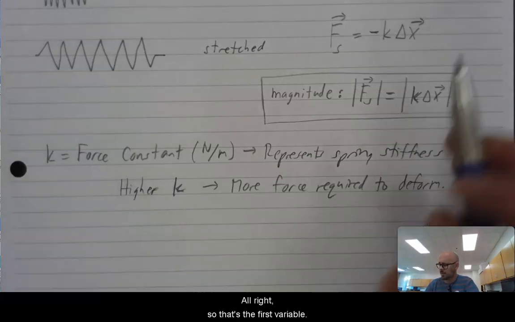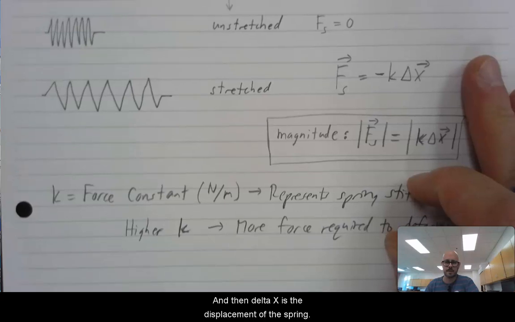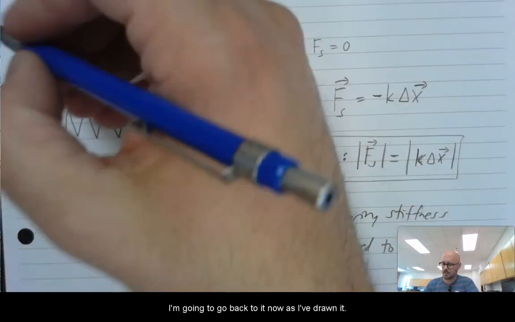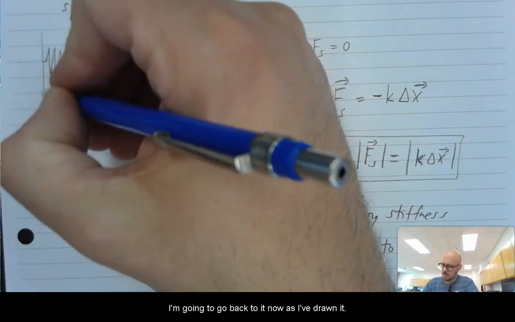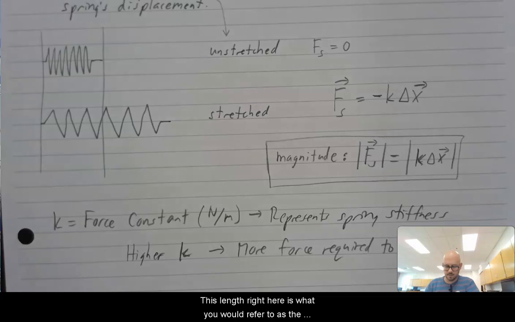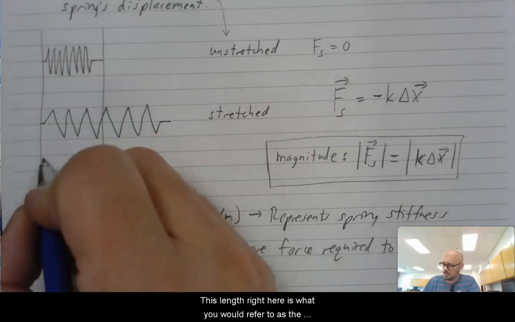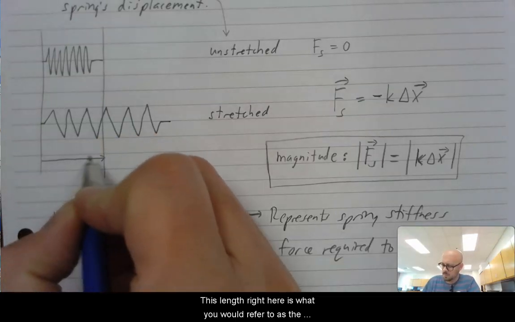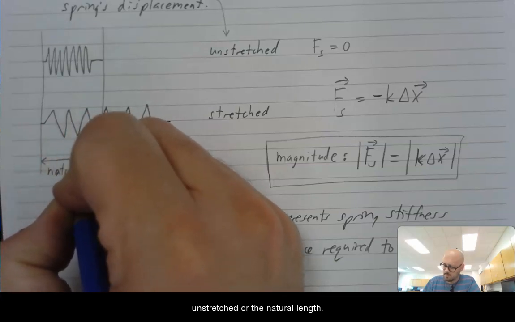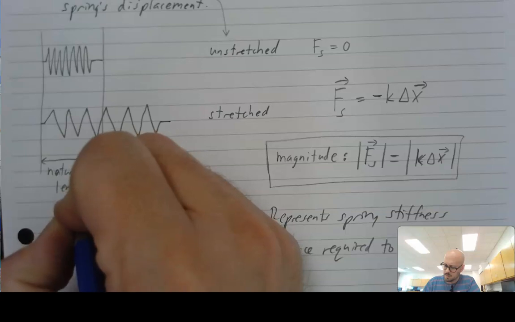All right, so that's the first variable, and then delta x is the displacement of the spring. So I skipped this picture. I'm going to go back to it now. As I've drawn it, this length right here is what you would refer to as the unstretched or the natural length.